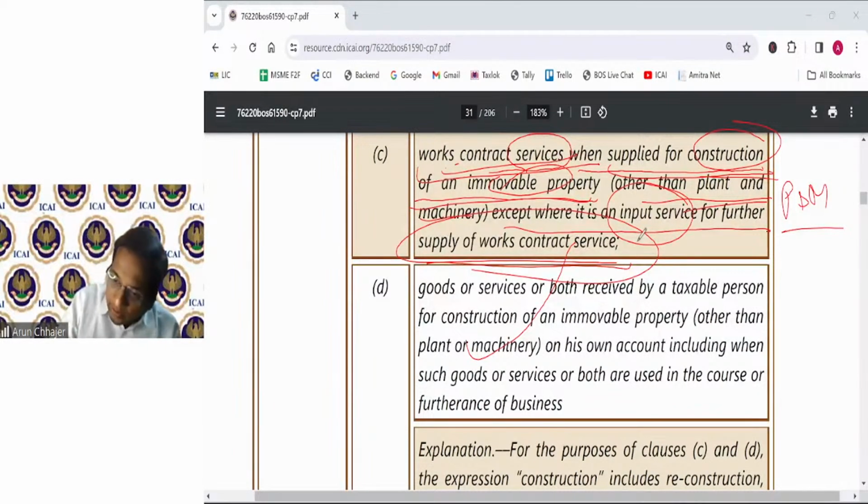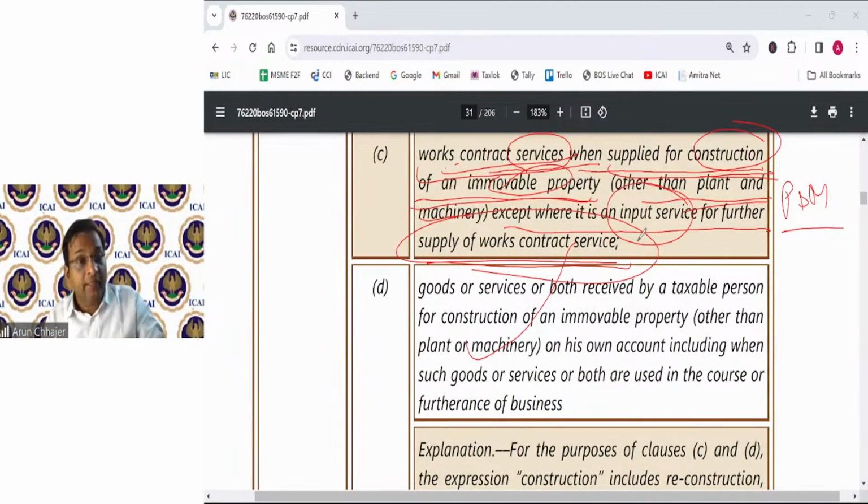Now there is one tax invoice for the labor service and a couple of tax invoices for the goods. So this time I am constructing, but I am not outsourcing that work. Rather, I myself ensure the complete work under my supervision.